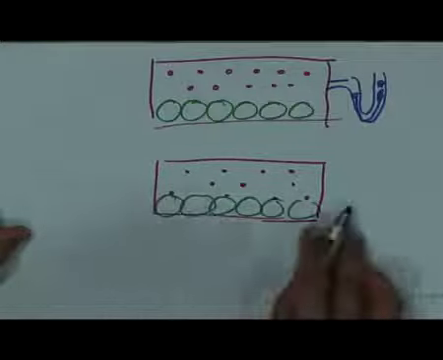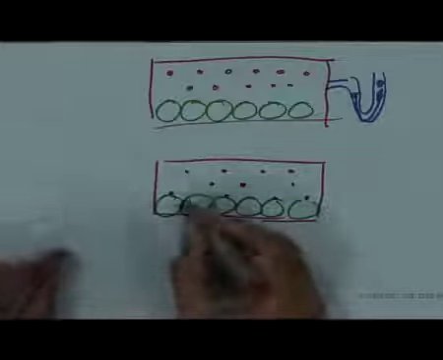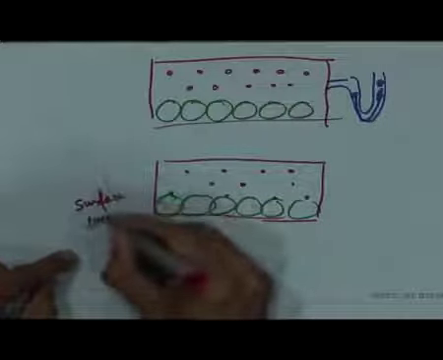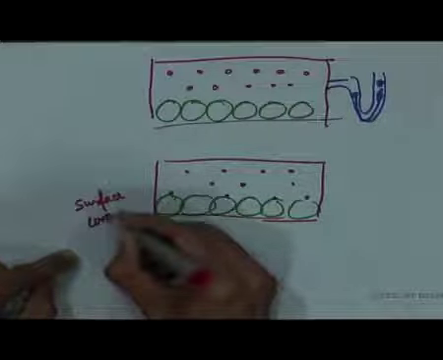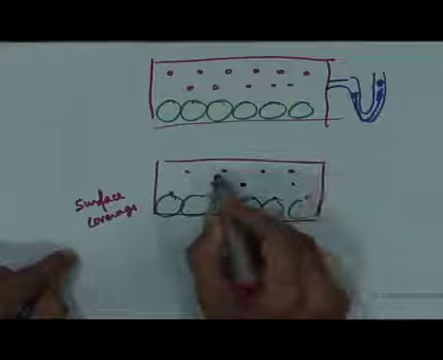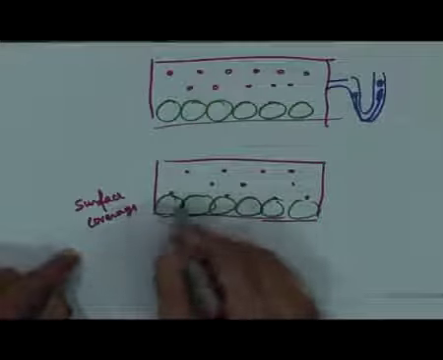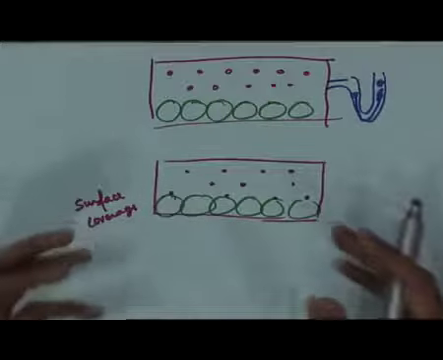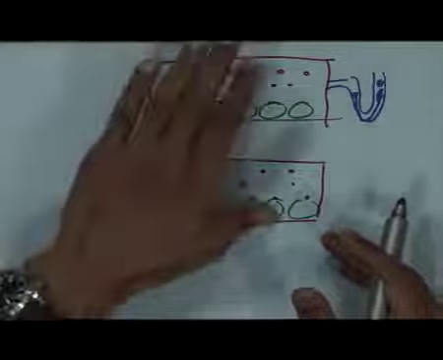So, what we are now going to do in the next class is to look at how the surface coverage is related to the pressure on top. There is a relationship between the surface coverage and the pressure on top.